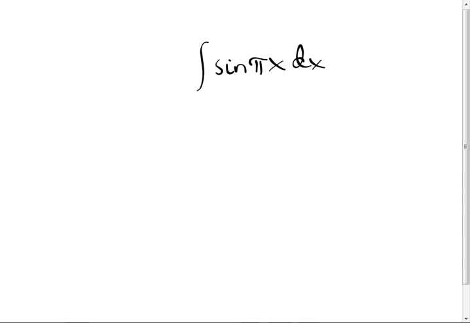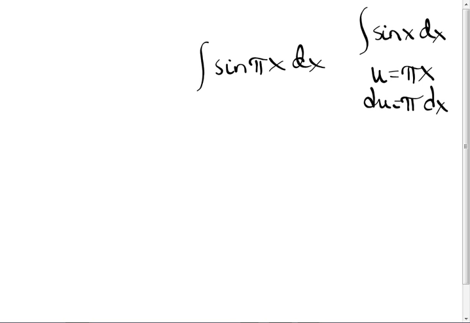So I only know the integral of the sine of x. So I'm going to do a u substitution, call it pi x, then du is pi dx. So solving for dx, it's 1 over pi times du. Remember that list of derivatives and integrals I gave you?